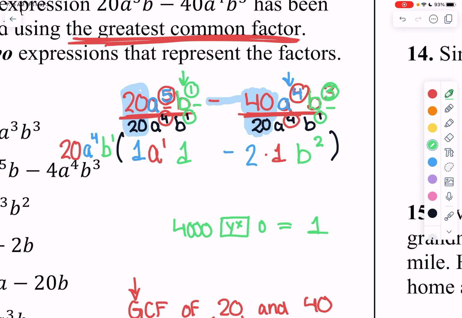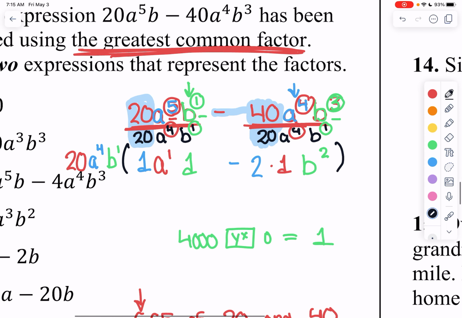All right, so I want to rewrite this in its simplest form, meaning without all of the junk around it. So I know my greatest common factor out here is 20a^4 b^1. Oh, actually, we don't even need that exponent on the b, okay? That 1 can be invisible, so we'll get rid of it.